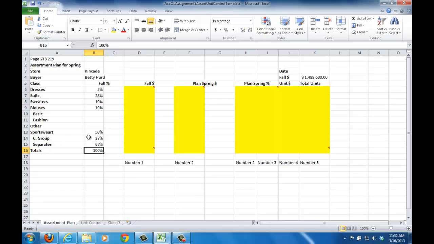There's a little subdivision, so the coordinated groups and the separates, these two together, are 100% of half of the sportswear. So when we look at adding all these numbers up, we have to remember that we're not adding this number. We're either just doing sportswear or we're adding the two individual groups.